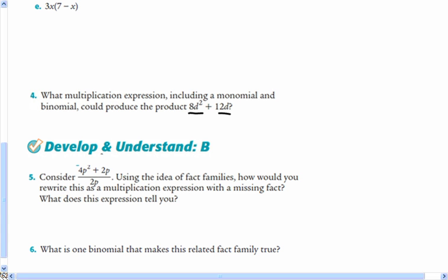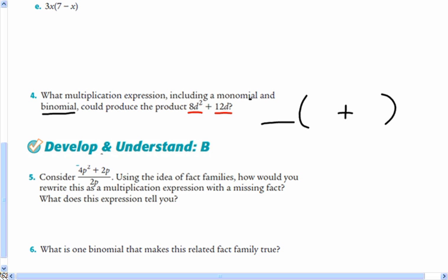We want to write this as the product of a monomial, which means one term, and a binomial, which means 2 terms. So we're going to have something that looks like this, and I know there's going to be a plus there because there's a plus there. And I have to think of, well, what could be multiplied to get these 2 terms?